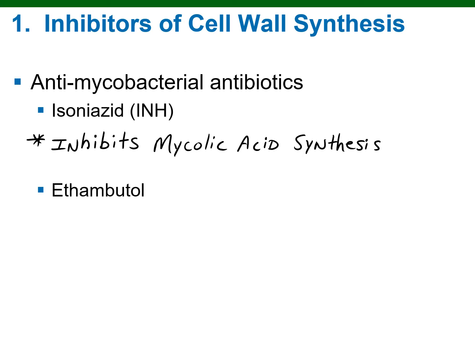And isoniazid is a drug that is typically given for long periods of time. And this is because of the slow growing characteristic of TB and mycobacteria type bacteria. They grow and multiply about once a day, which is an extremely slow rate.